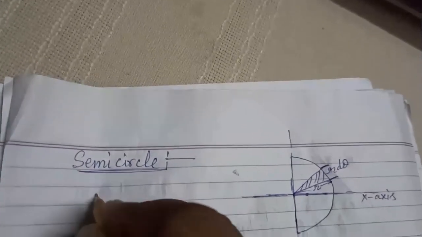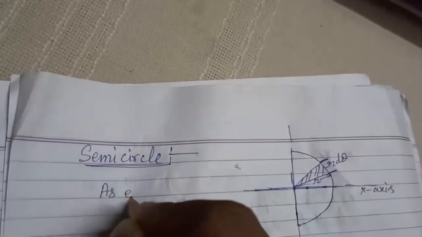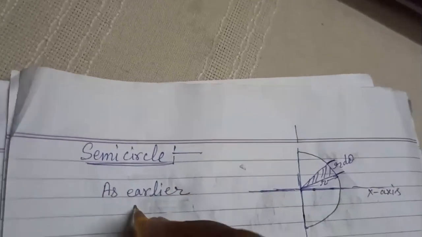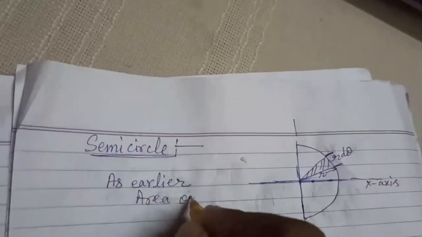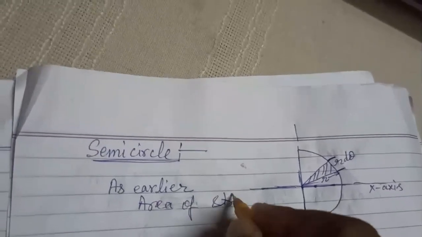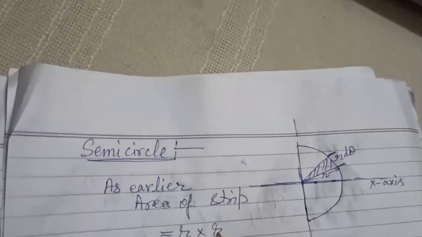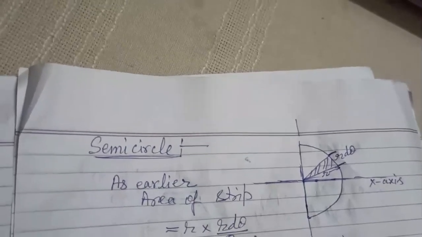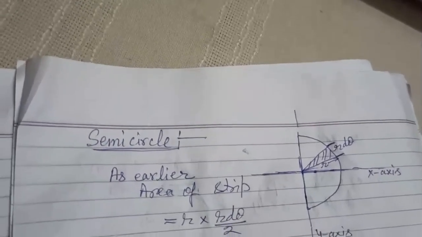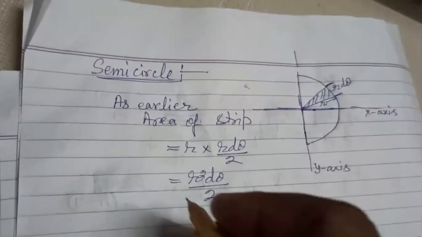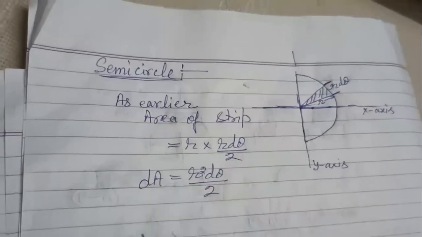So as earlier, the area of the strip is r into r d theta by 2, or r square d theta by 2. This is dA.